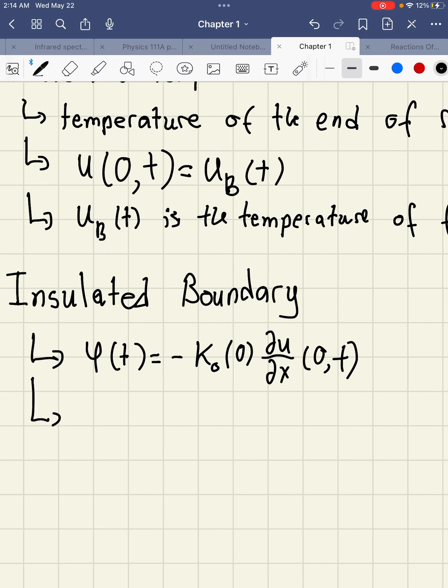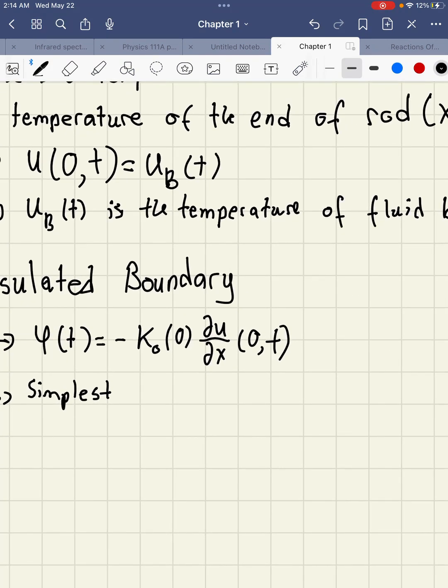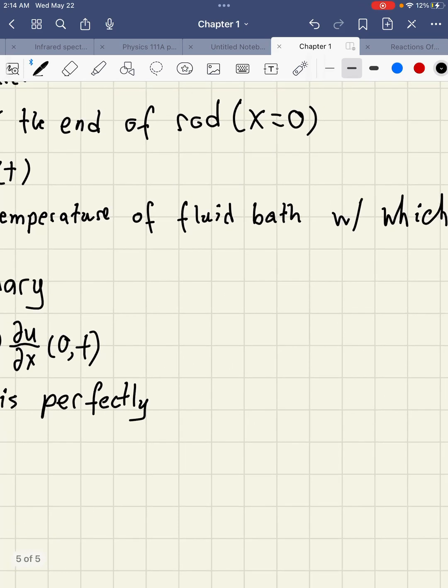Now, the simplest boundary condition, which is easiest for solving our PDE, is the perfectly insulated one.